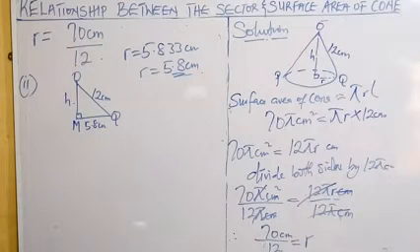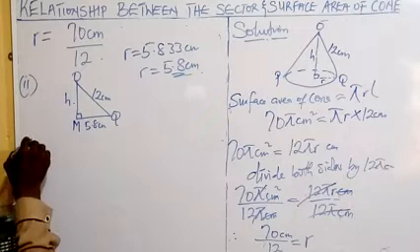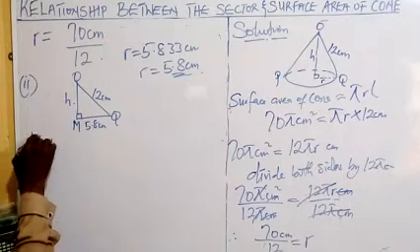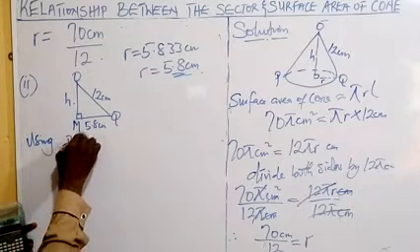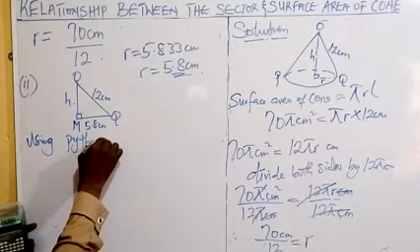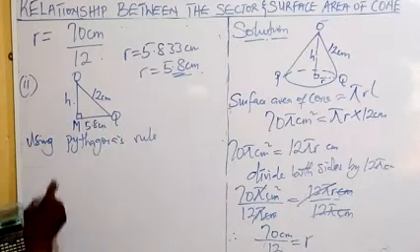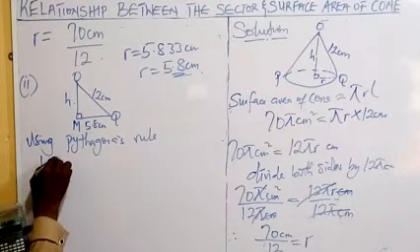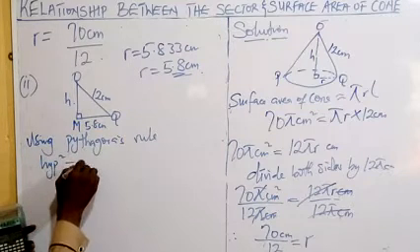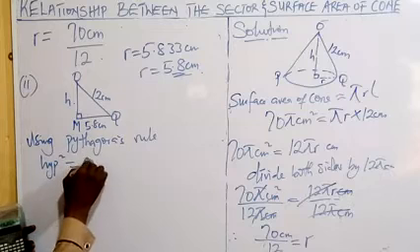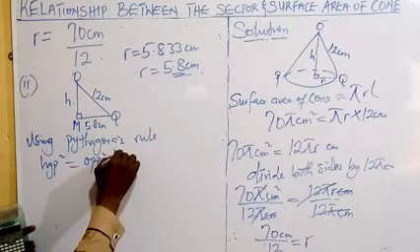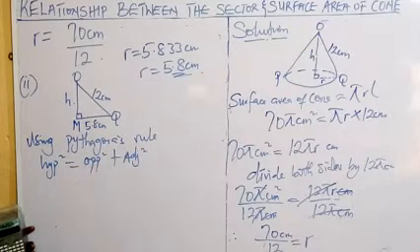All right, at this stage now we can apply Pythagoras theorem, using Pythagoras rule, where we know that the hypotenuse squared equals opposite squared plus adjacent squared.